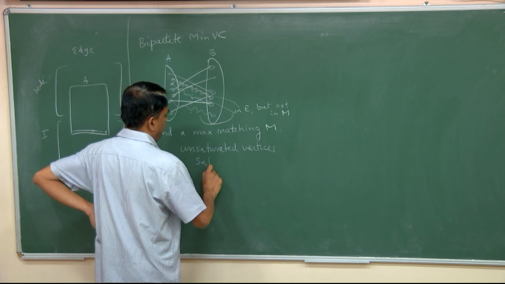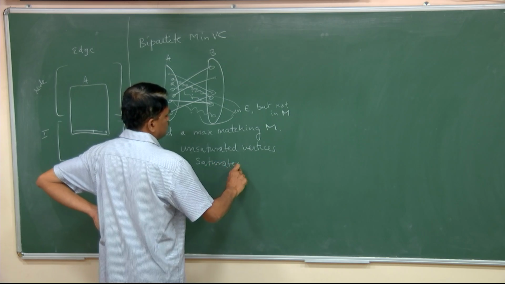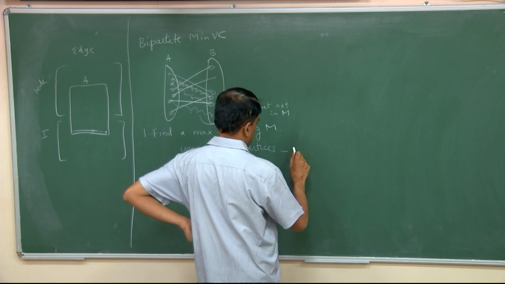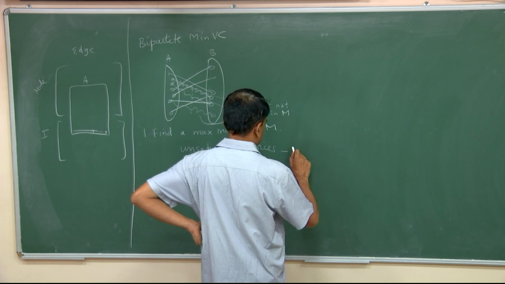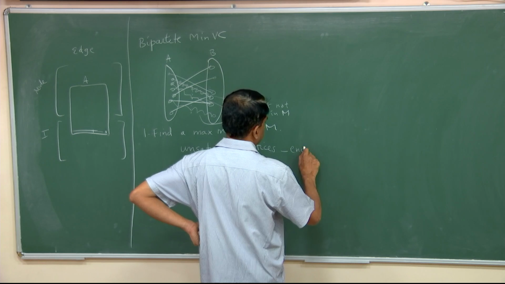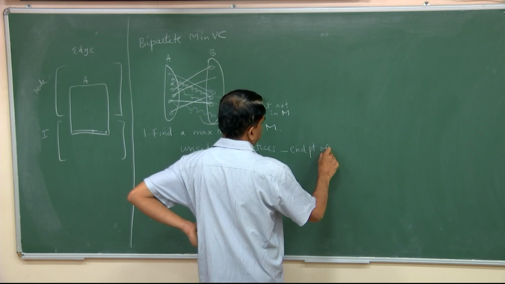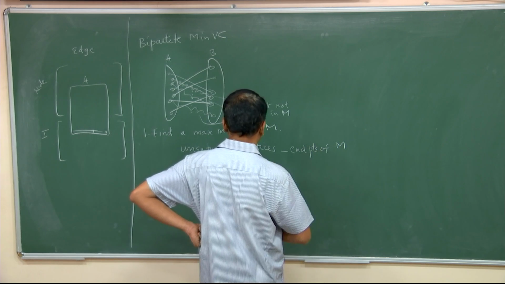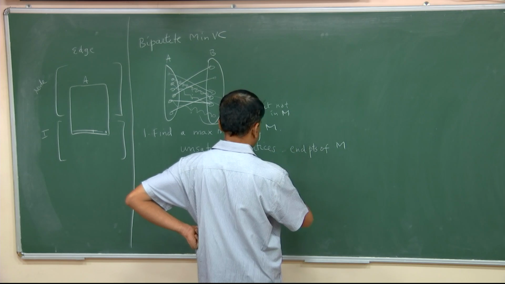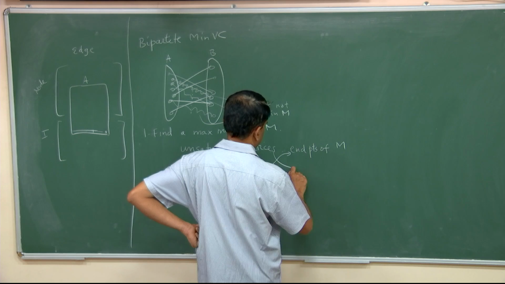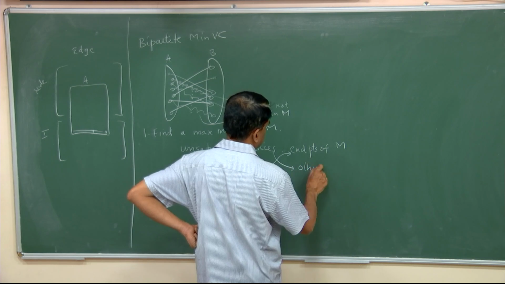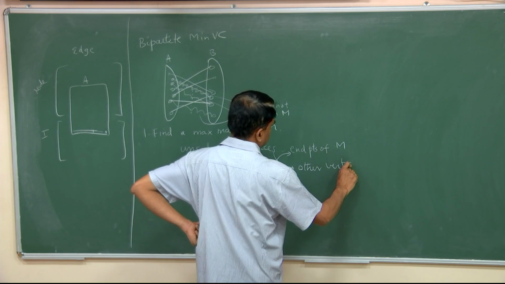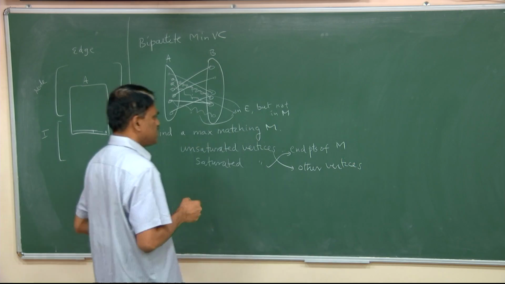The endpoints of a matching edge are called saturated vertices. These are the others, the unsaturated ones: there is no matching edge incident on that vertex.